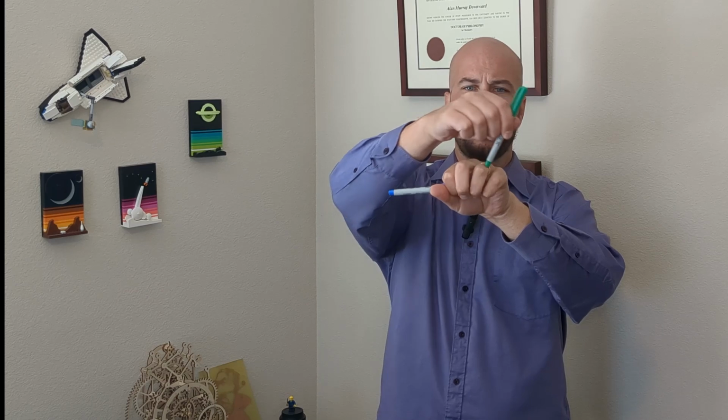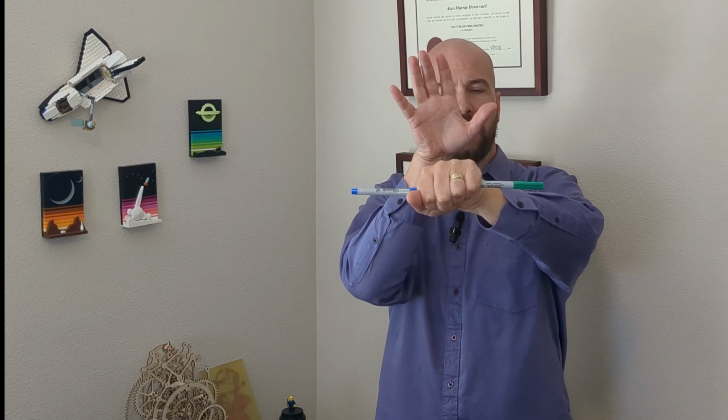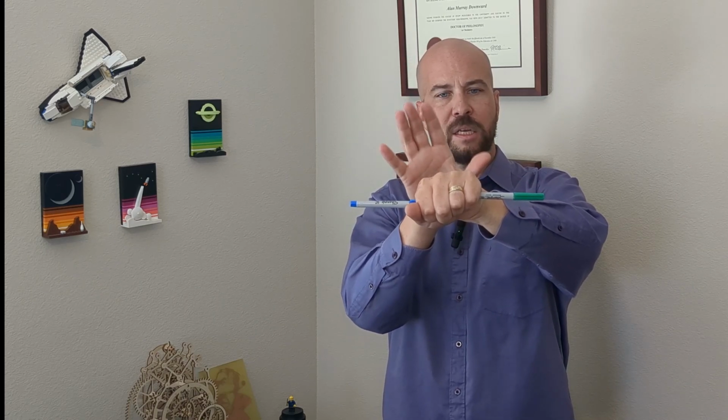These Sharpies represent the carbon-oxygen double bonds. They are the areas of electron density. My fist here, this will be our carbon atom. So we said there were two areas of electron density. Now, these are going to push on each other. They want to get away. So it's going to try to get away as much as it can until it reaches this location. Now they are as far apart as possible.